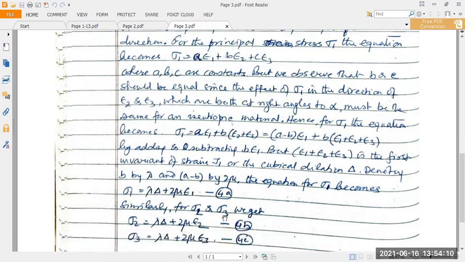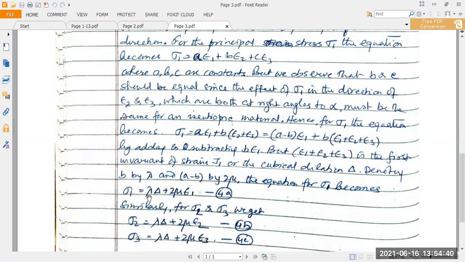Similarly, sigma 2 equals lambda delta plus 2 mu epsilon 2, and sigma 3 equals lambda delta plus 2 mu epsilon 3, where delta is known to us because we are supposed to know the strains, so we can simply take this as a known value. Epsilon 1, epsilon 2, epsilon 3 are also known.